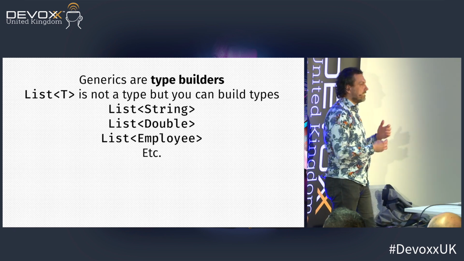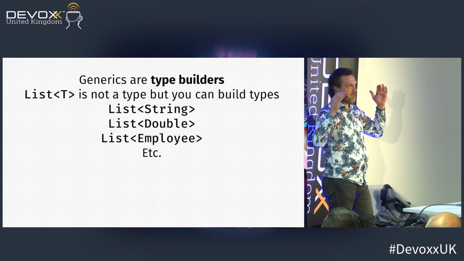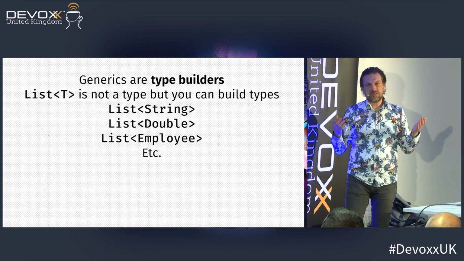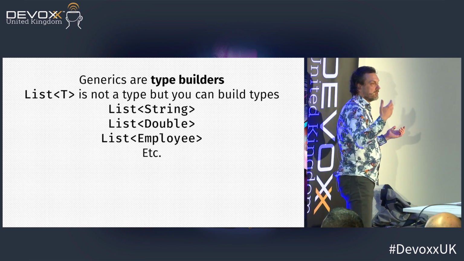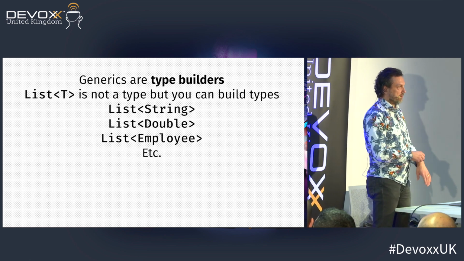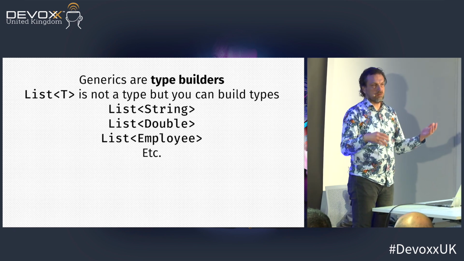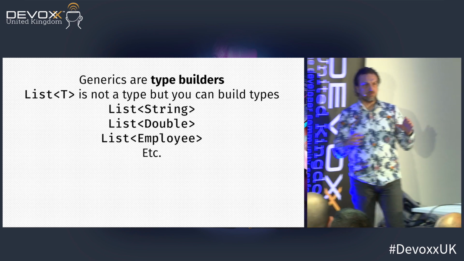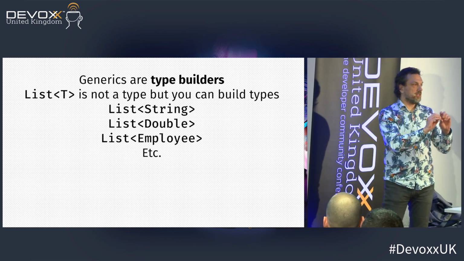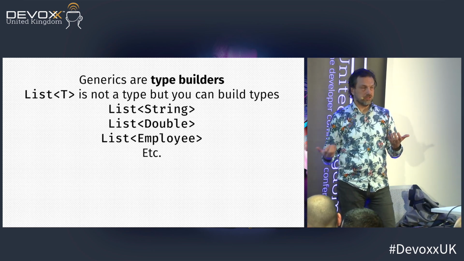So if you have a List of T, you don't have to think about List of T as a type, but just a type constructor. The actual type will be list of string, double, employee, whatever. So List of T is just your constructor, basically. In C++ they are called templates for a good reason. And from that List of T, you can generate all the real types that you need.